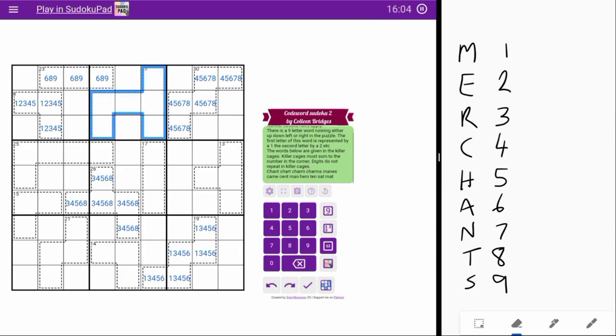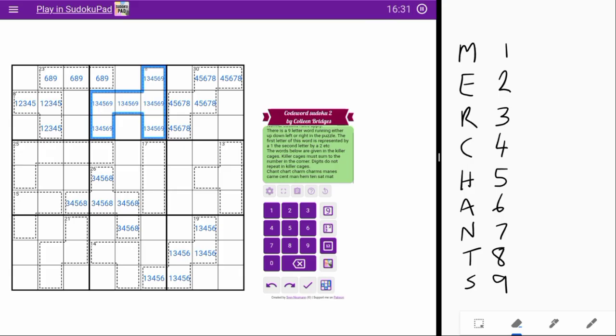So that is, charms is 4, 5, 6, R-M-S, 4, 5, 6, 1, 3, 9. Don't want to muck these up or I'll ruin the whole Sudoku.